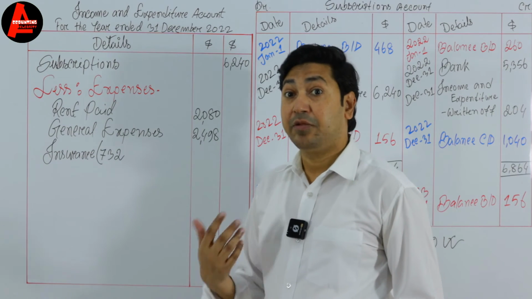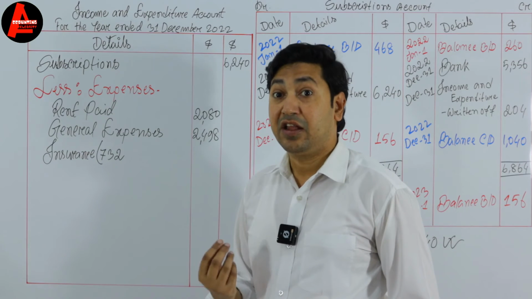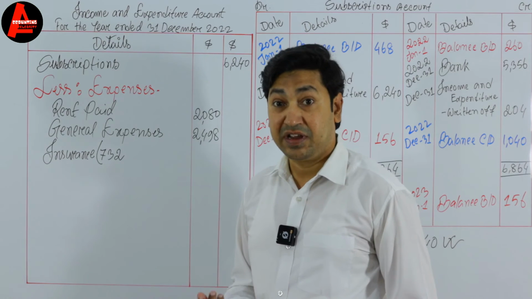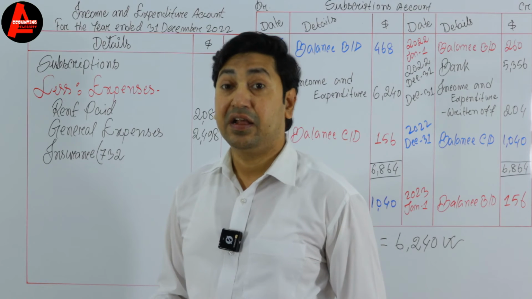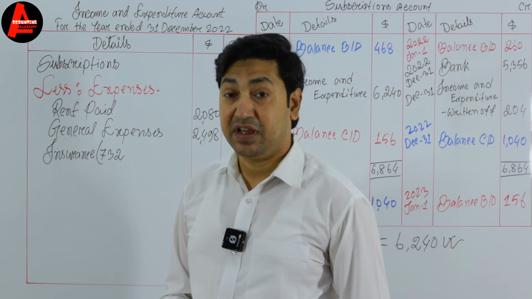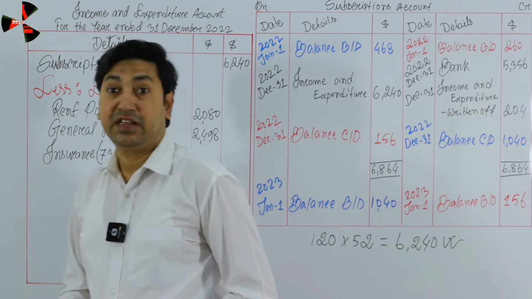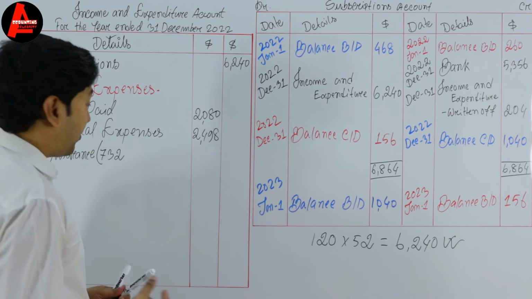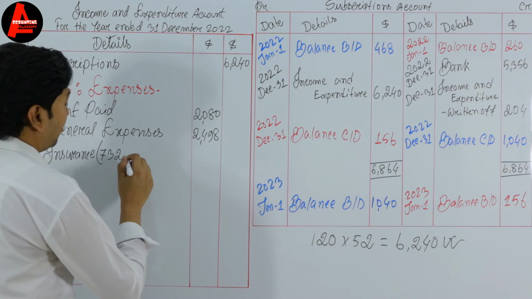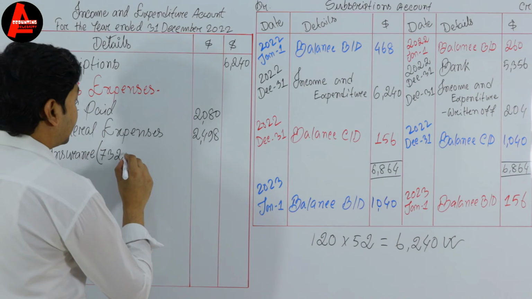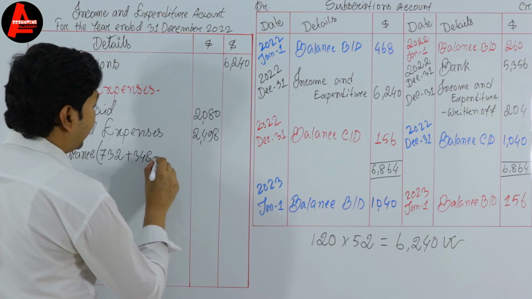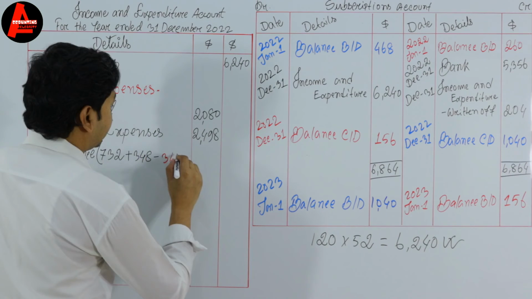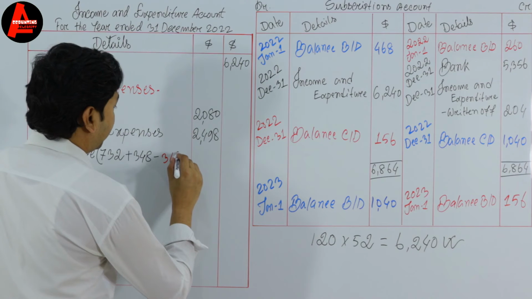Okay, so advance which is in the beginning of the financial period will be added, and in the ending will be subtracted. Okay, so this insurance expense advance amount in the beginning of the period was 348. So we will add this amount 348, and 366 was in the ending of the period.